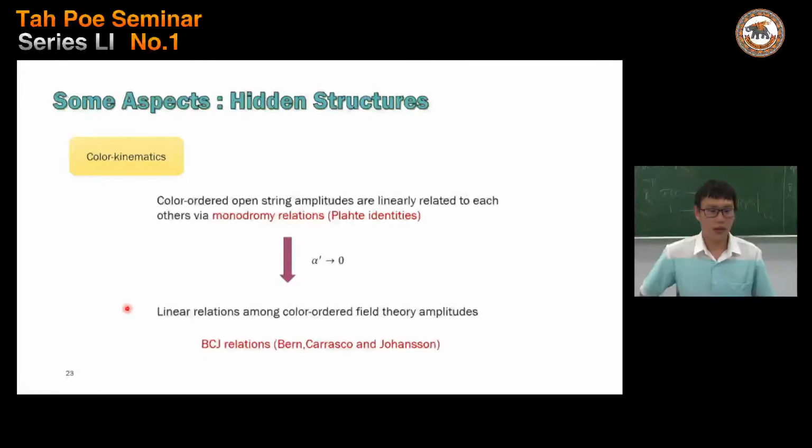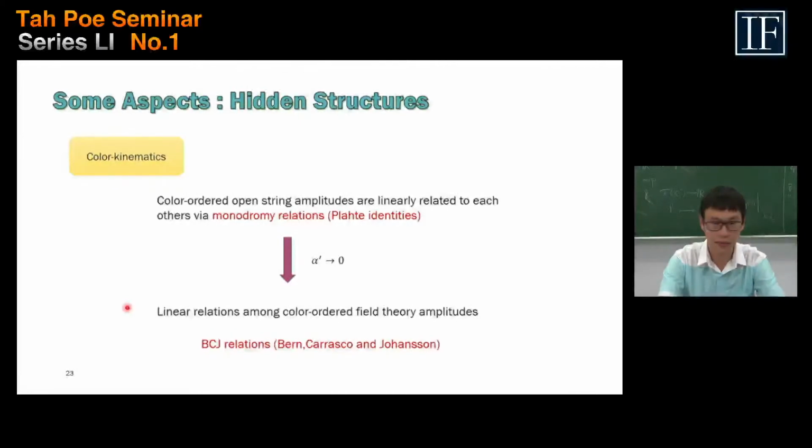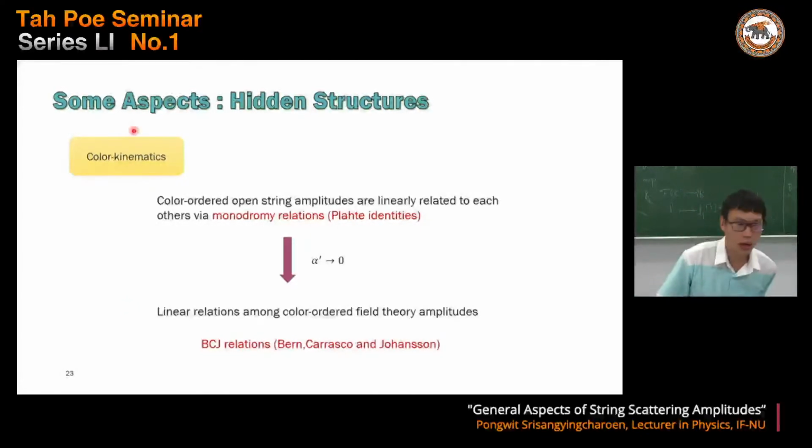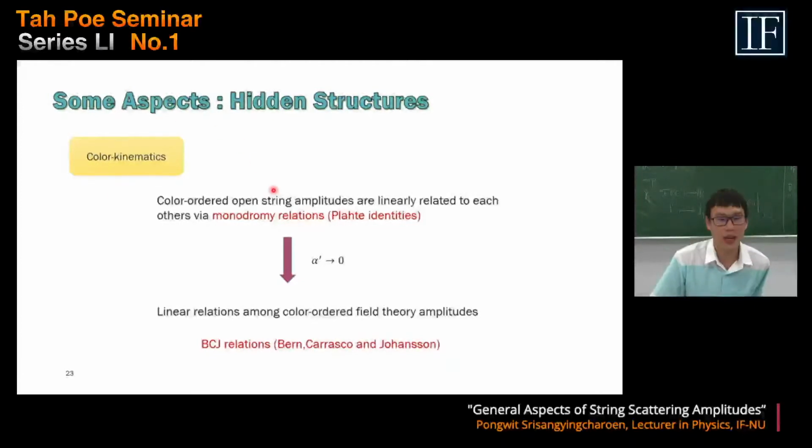Okay, the next structure that I would like to tell you about is called color-kinematics. First of all, there are linear relations between color-ordered open string amplitudes, which in string theory are called monodromy relations.